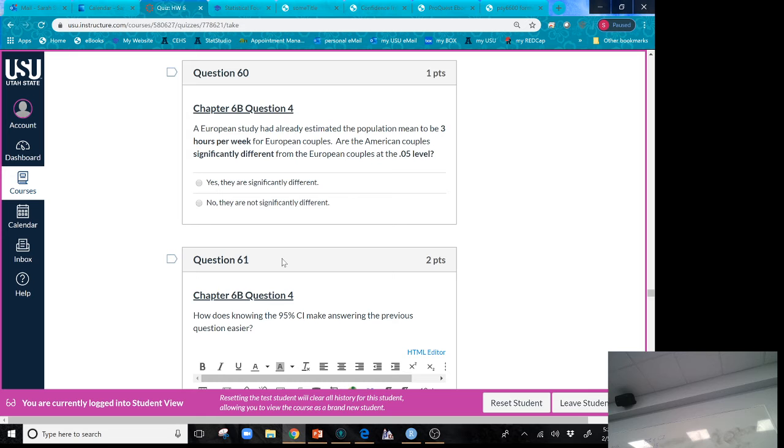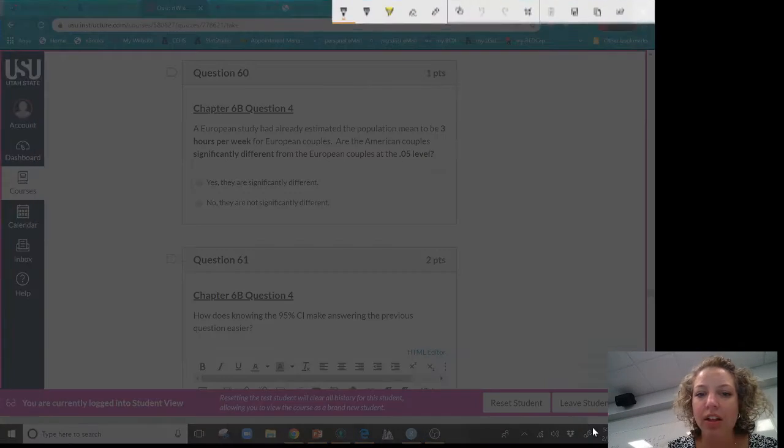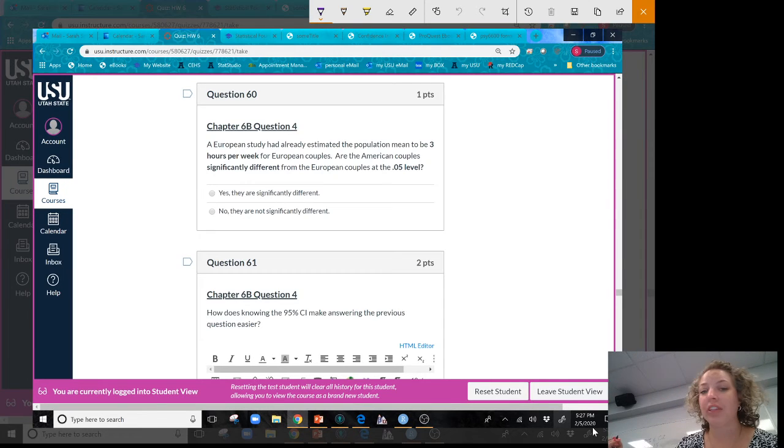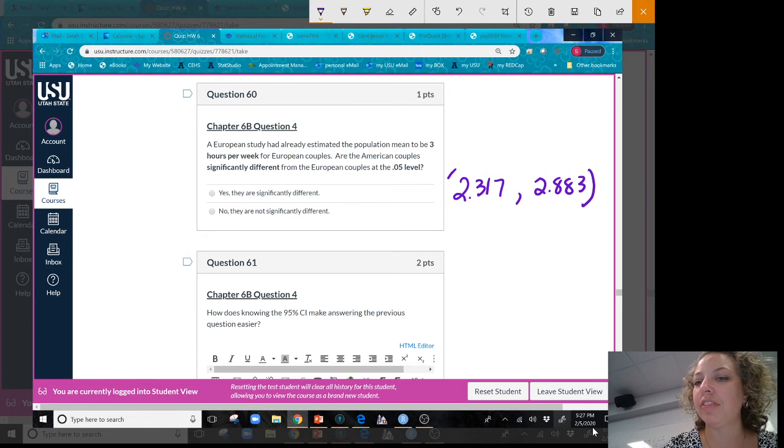They're linked ideas. So, does anyone have what the confidence interval ended up being? 2.317 and 2.883. This is the 95% confidence interval.